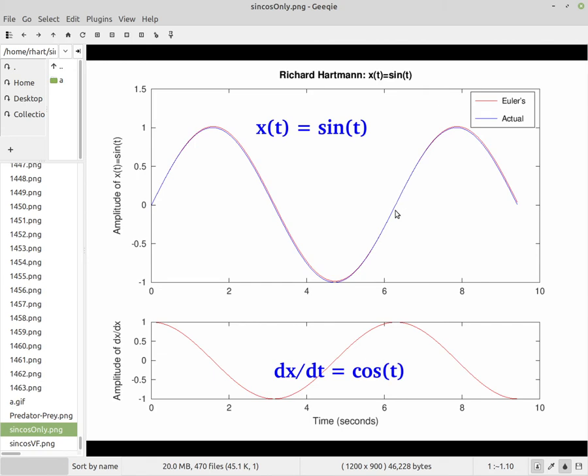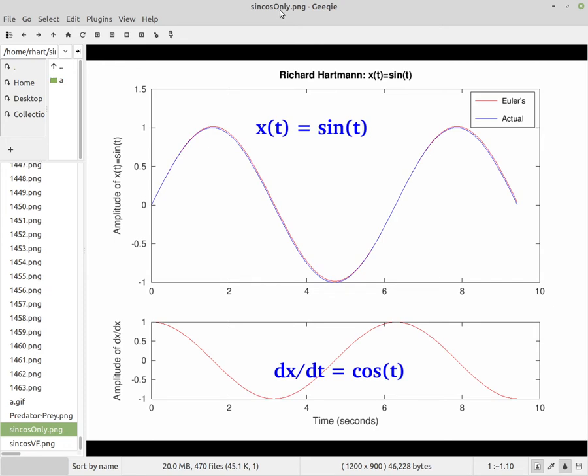So this is a simple time plot. We have time in seconds on the independent or x-axis, and then we have the amplitude of our derivative, and the amplitude of the sine wave.